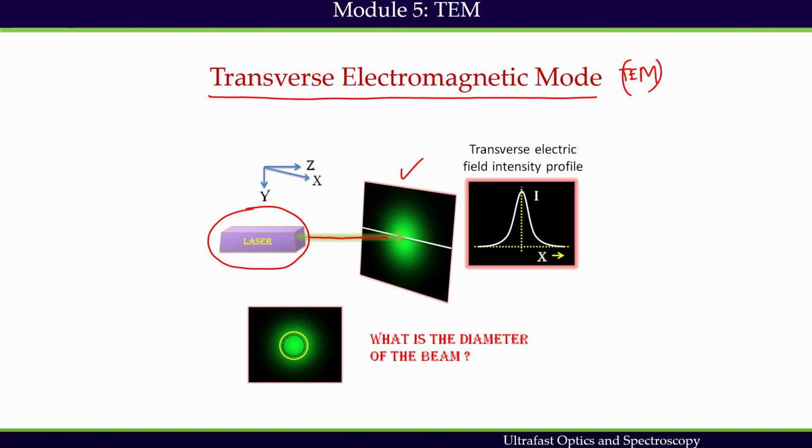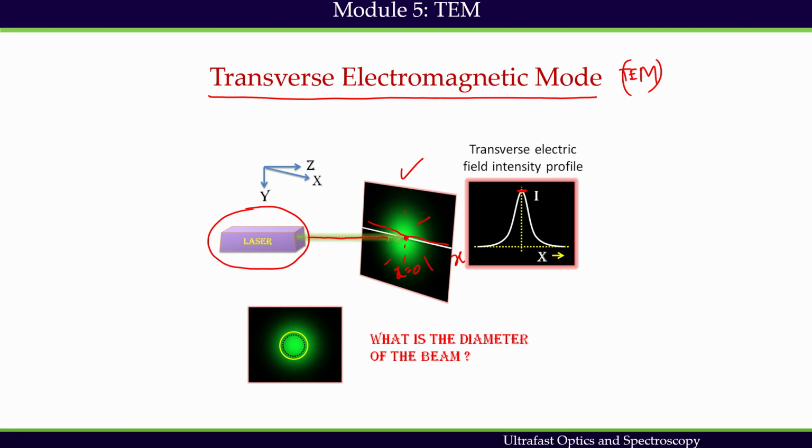When the transverse electric field intensity of the laser beam can be expressed by a Gaussian function, which means if I take a cross section of what I am observing and plot this cross section as a function of x, this is x equals 0, then in the intensity profile we find the maximum of the intensity occurs at the center here, and the wings are less intense.